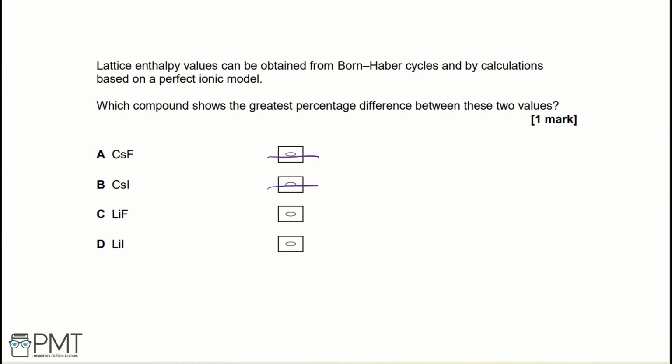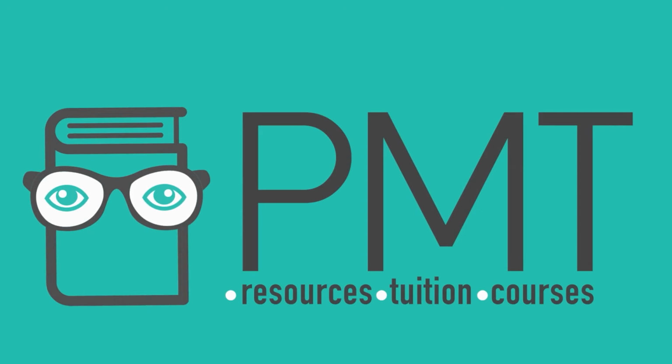Whereas because the fluoride electron cloud is a lot smaller, it's not going to draw as much electron density, so it's less covalent in nature, which means that lithium iodide is going to have the greatest percentage difference between the two values because it's the most covalent in character. So we can just jot this down as closure for this question. To get the mark for this question, you need to circle the box that corresponds to D.